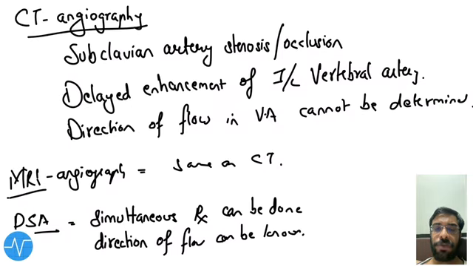The direction of flow of the vertebral artery cannot be determined in CT, as compared to USG, where we were able to determine the direction of flow. The same findings can also be seen in MR angiography. In DSA or digital subtraction angiography, simultaneous treatment can be done and the direction of flow can also be noted.